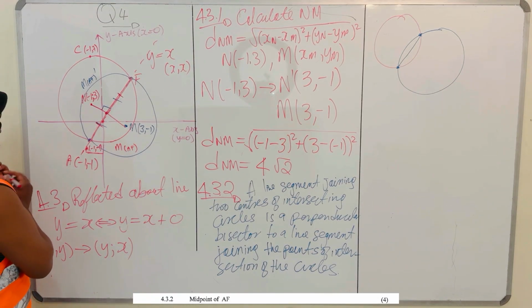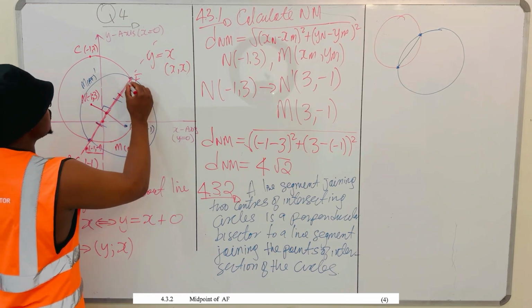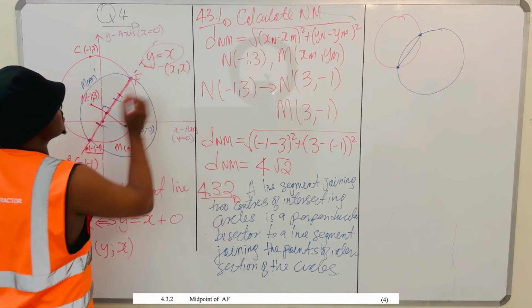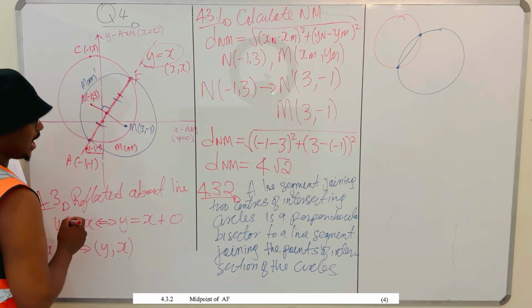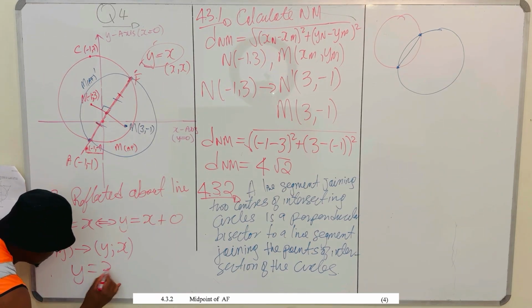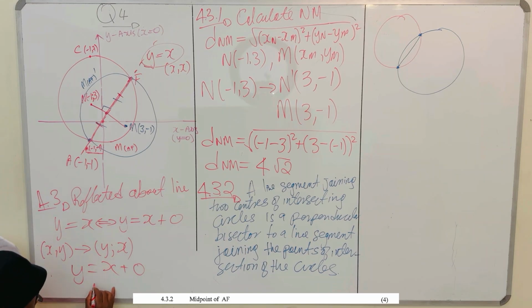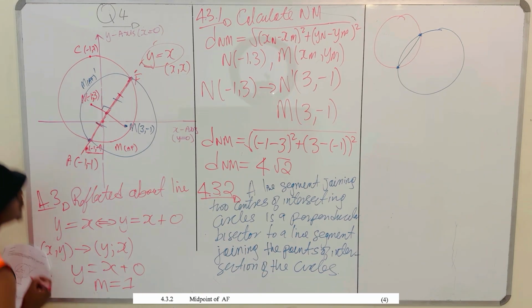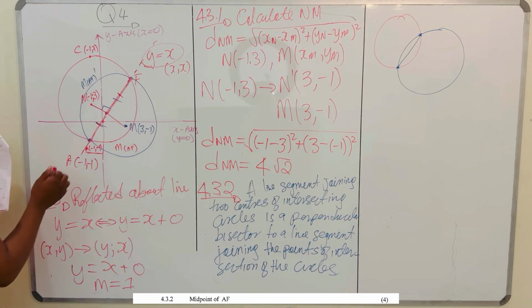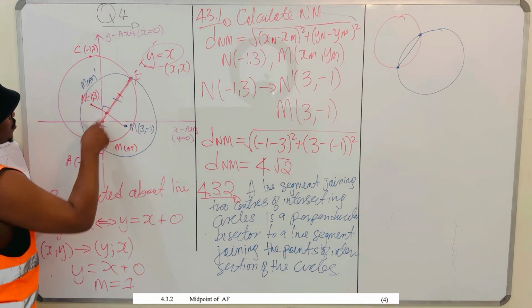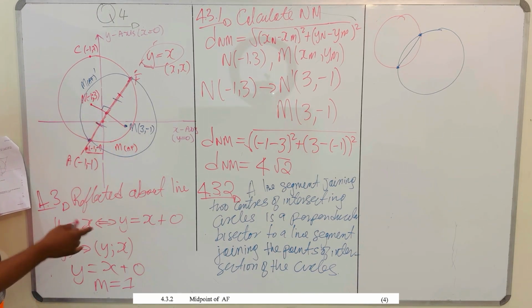So this line is the line which you're reflecting by. It's the line y is equal to x, right? It's the line y is equal to x plus 0, I must say. The gradient of this line is equal to 1, right? But since this one is perpendicular to this one, you know the product of the two gradients is -1.